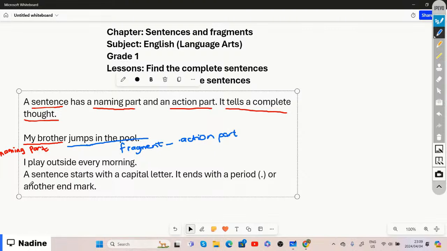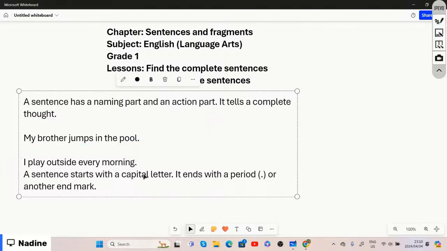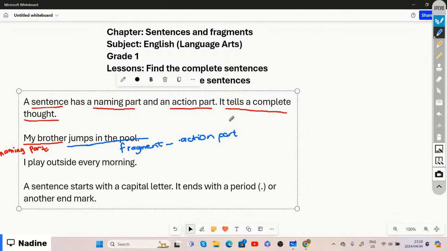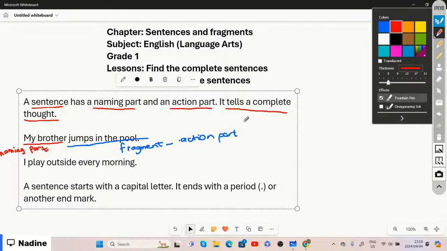Another example is, I play outside every morning. I is our naming part. It tells us who or what is doing the action. And playing outside is our action part.